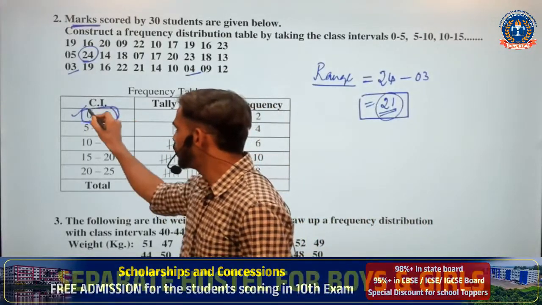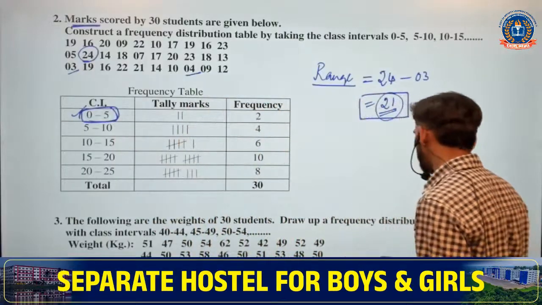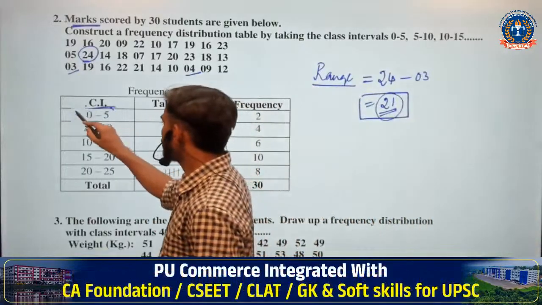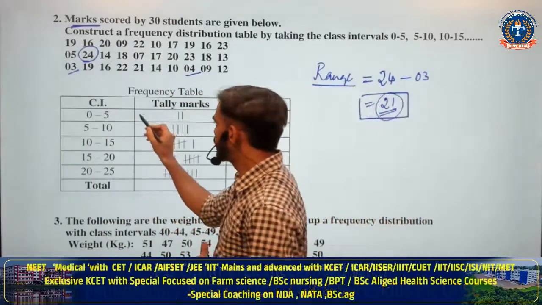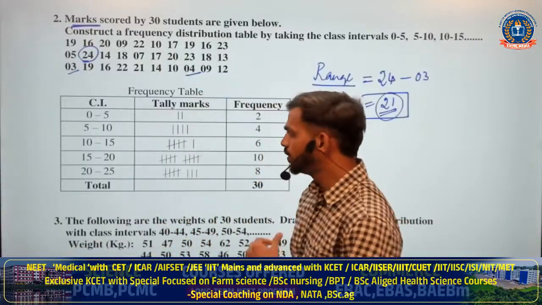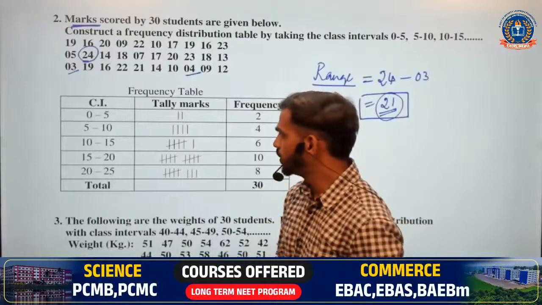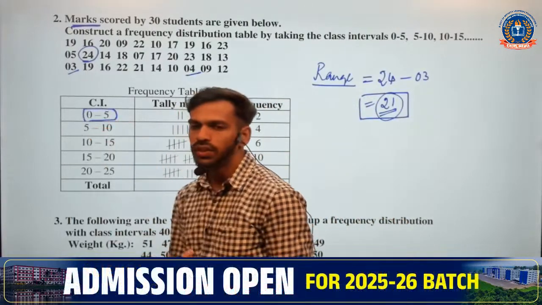Width is nothing but the difference between... here, one more point you need to understand. This is the first class, 0 to 5. We will call it the first class interval. Each class interval will have two limits.